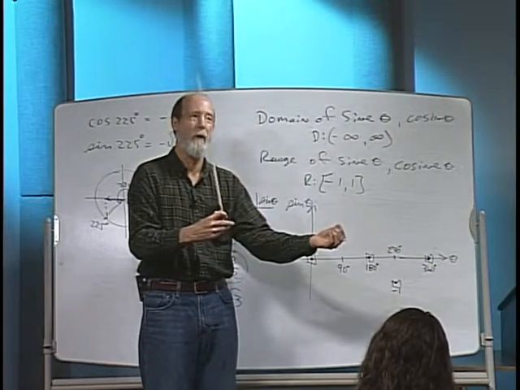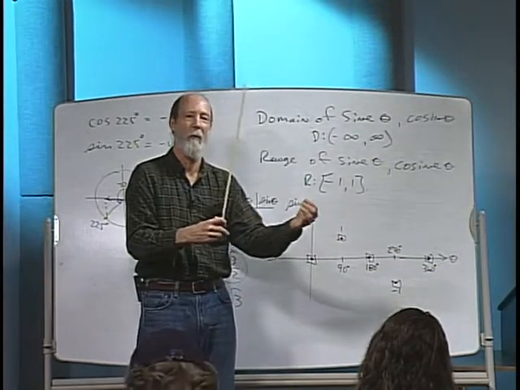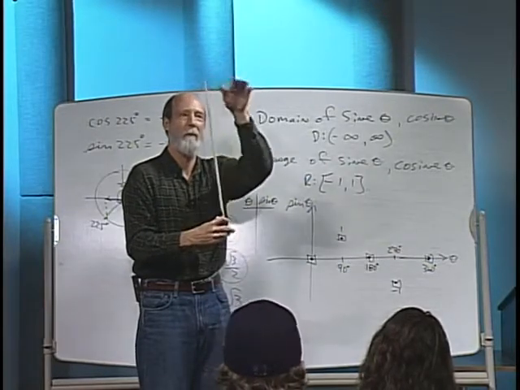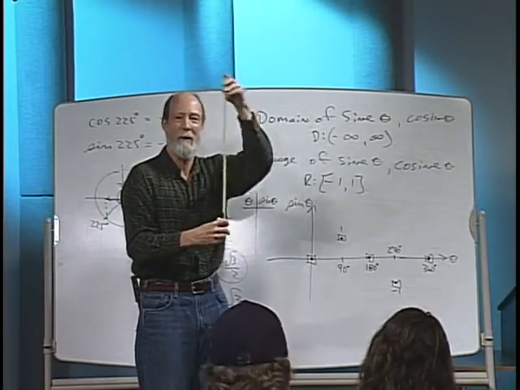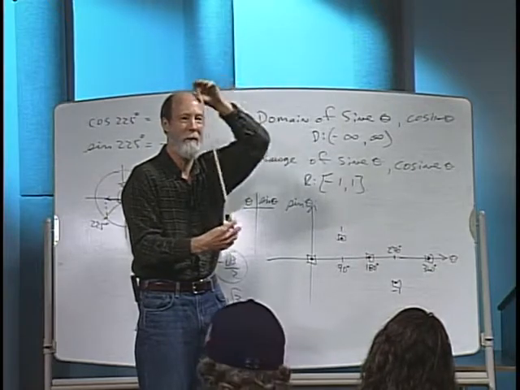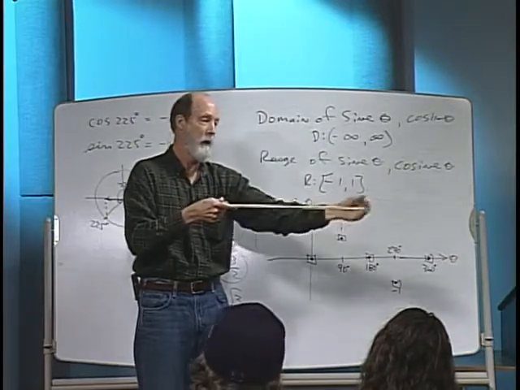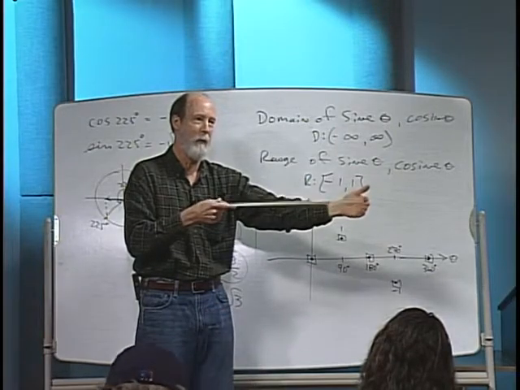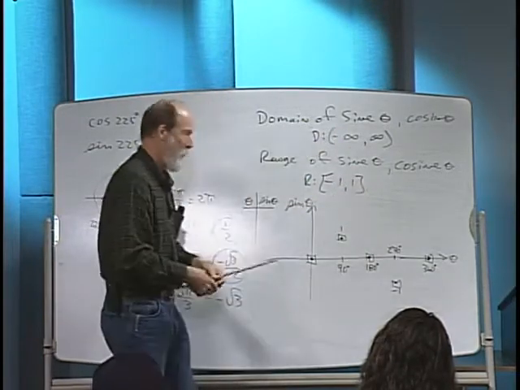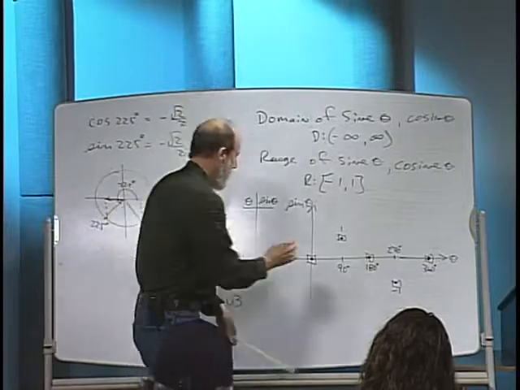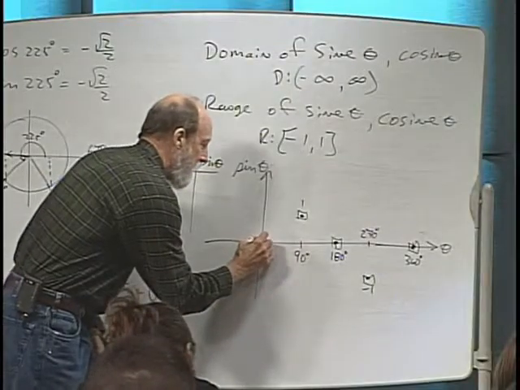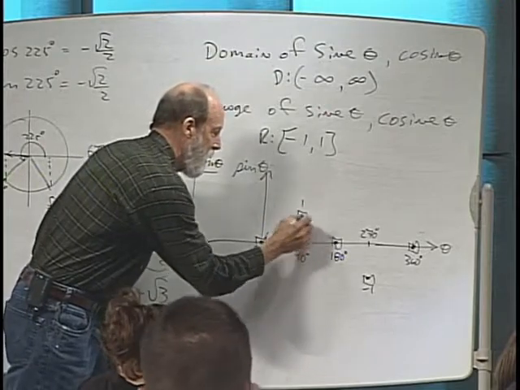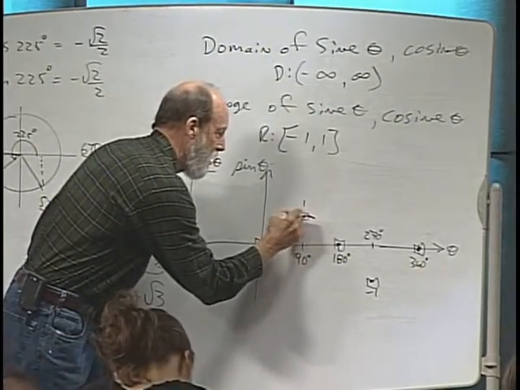As I roll the angle through 90, is the sine reading changing much? No, it's kind of hovering up here near 1, isn't it? Whereas near 0 degrees, it is changing rapidly, rising quickly. So that idea shows up here. This thing takes off quickly at 0 degrees, and then near 90 degrees, it's hovering there near 1.